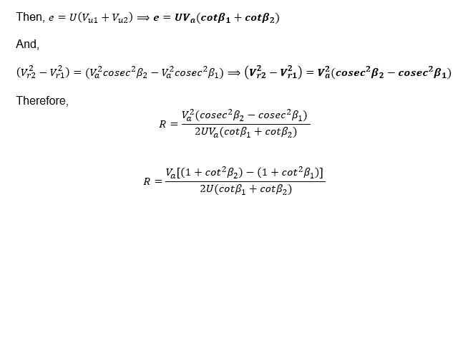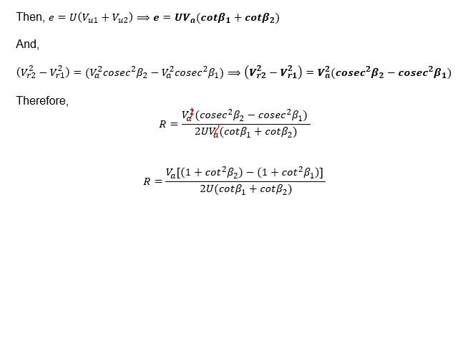So now from the numerator there is a V of A square and in the denominator V of A is there, so that will get cancelled, and one V of A remains in the numerator. Now cosec square beta 2 can be written as 1 plus cot square beta 2, according to the trigonometric relations.